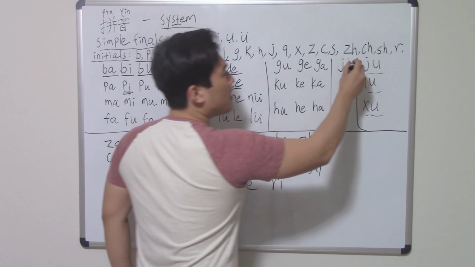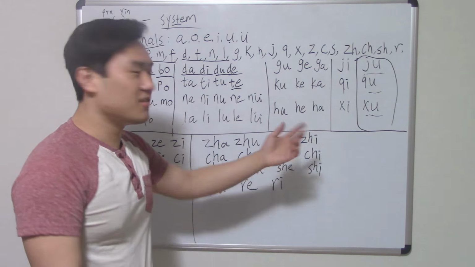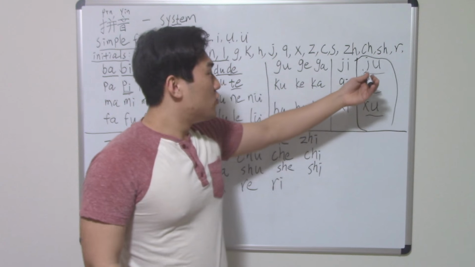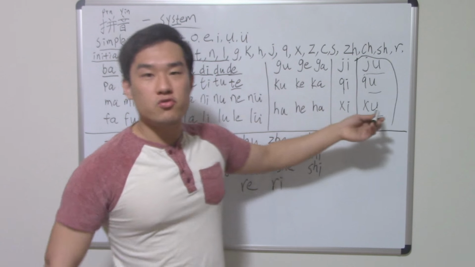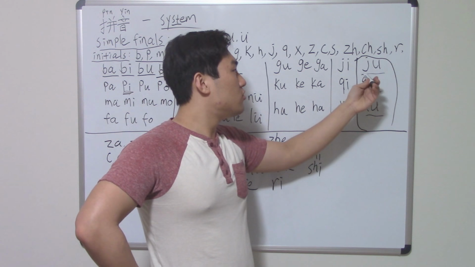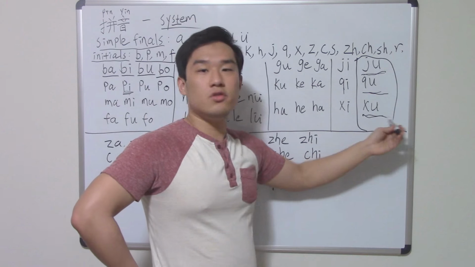You just have to suck it up and understand which ones. It's not that hard, right? Ideally, you would say u as in ju, but no, you say ju with the ü sound. Okay, ju, qu, xu.